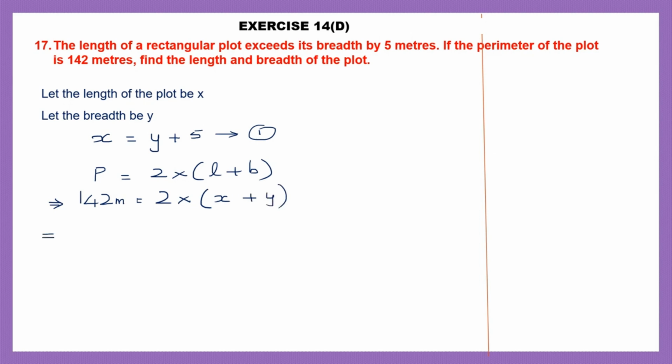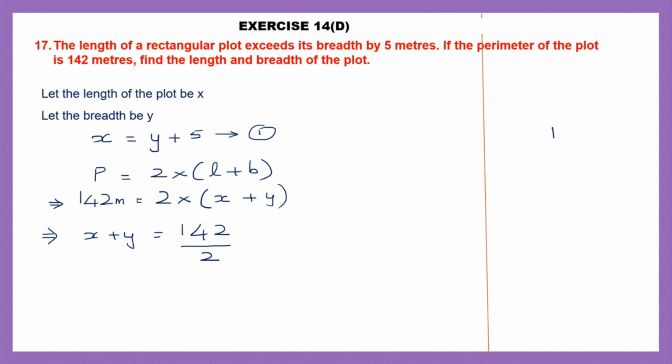So we're going to make the second equation. I've just interchanged the places. x plus y is equal to 142 divided by 2, because I have transposed this 2 to the left hand side. It's become division here now. So 142 divided by 2.